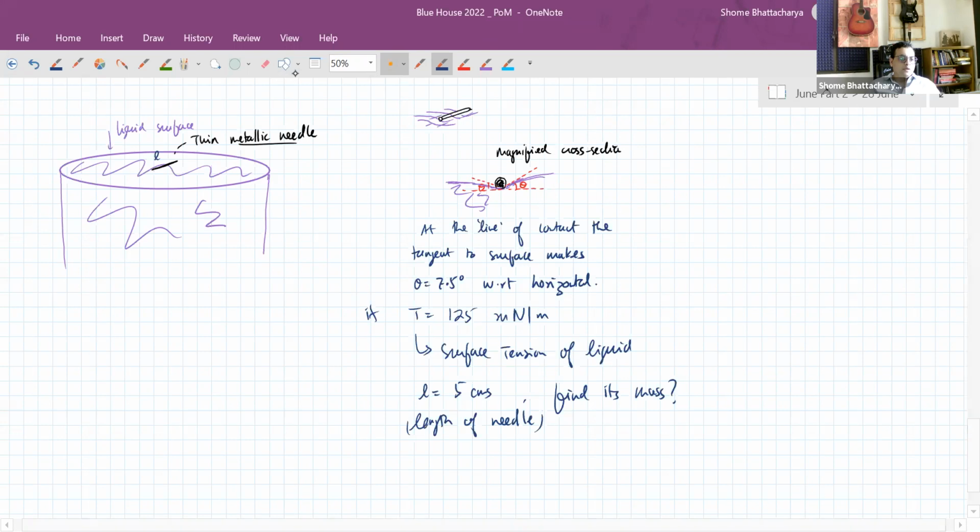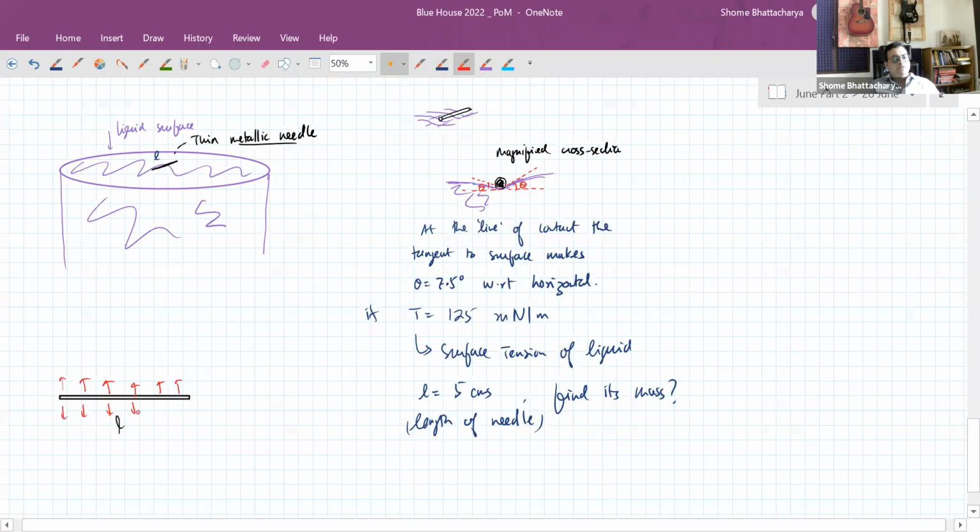Here what we have to understand in this type of question is that if we look at the top view of the needle, it will be experiencing forces which are perpendicular to its length, like this, because of surface tension on either side.